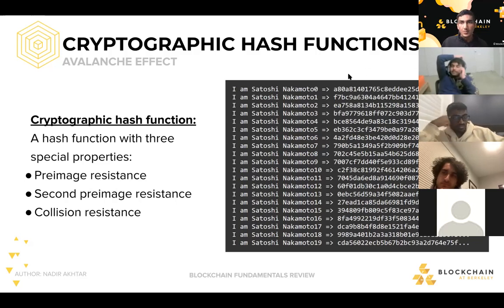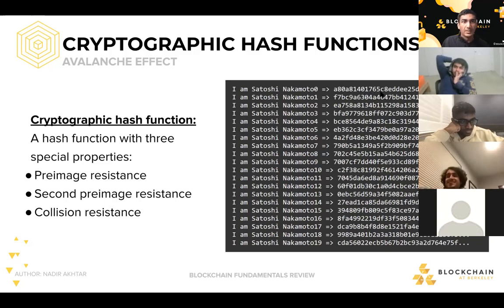Like you can't take this string A808811401 and then somehow figure out that, oh, that means "I am Satoshi Nakamoto 0". Even if you know the hash function that was used, you can't reverse engineer that. It's impossible. That's the point of a hash function, and that's what pre-image resistance is.